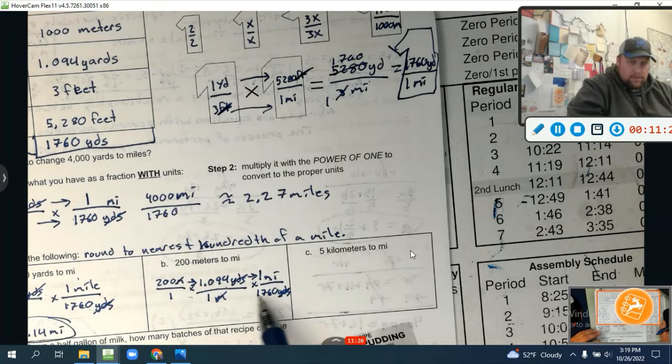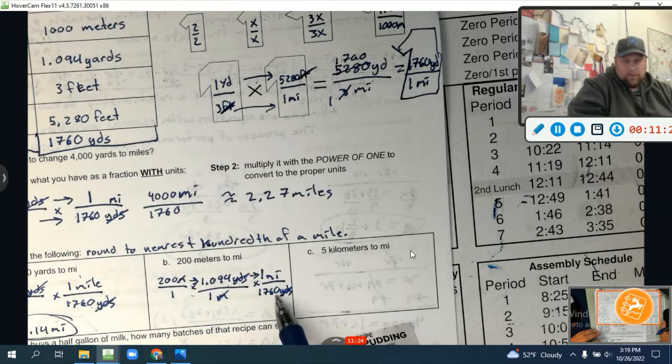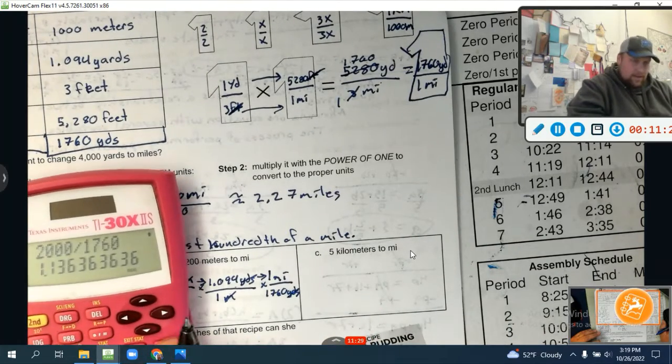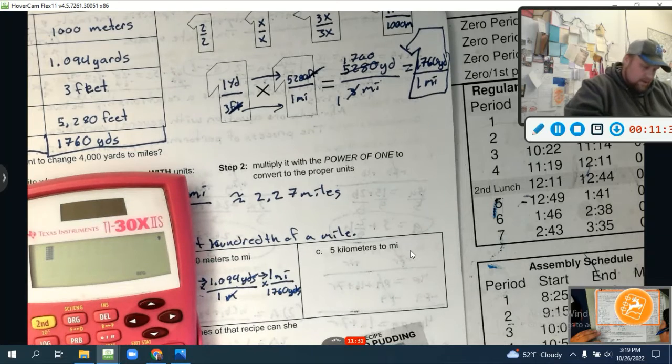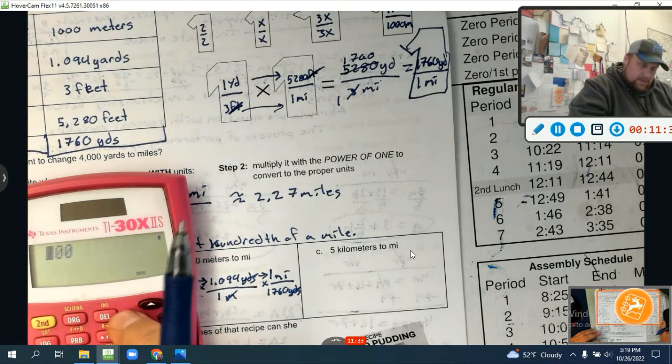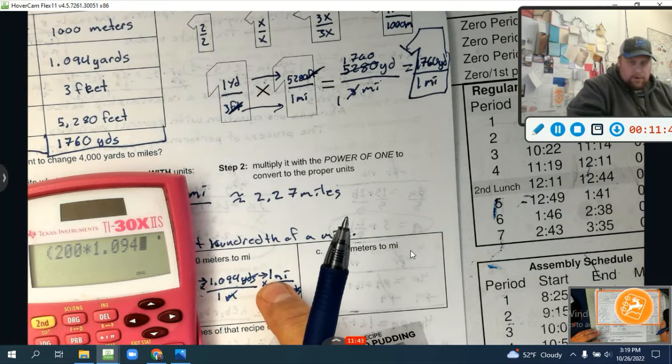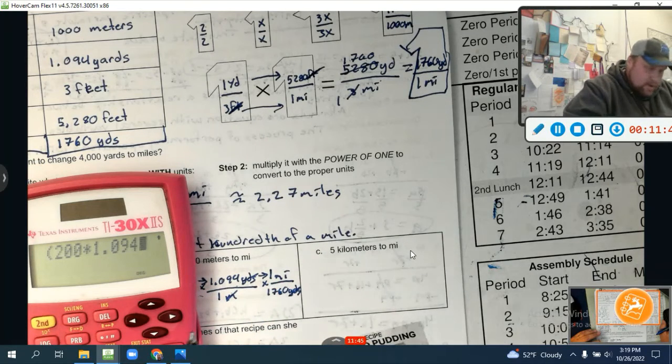So let's try this. I'm going to have up top 200. I need to put this in parentheses. 200 times 1.094. And then it was times 1, but we're not worried about the 1. So close parentheses, and we're going to divide that again. The 1 times 1 doesn't matter, it's just the 1,760.